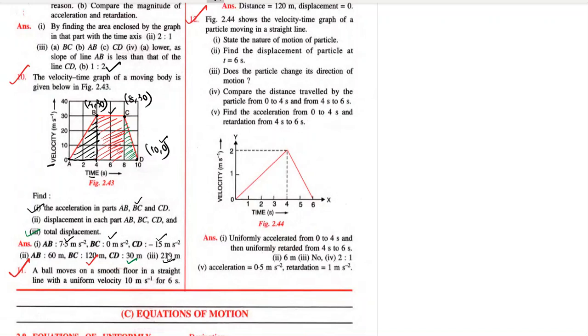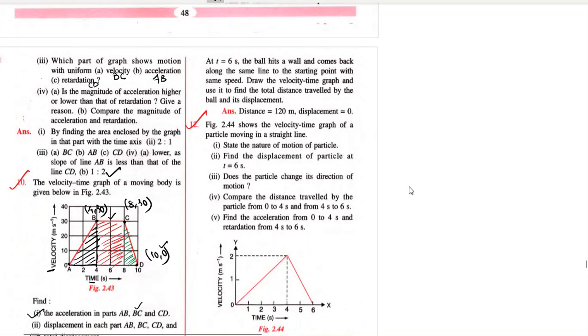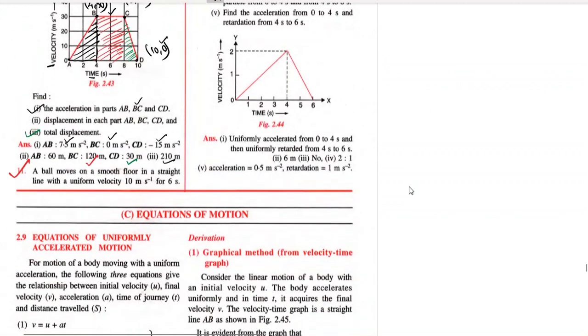This is question number 11. So a ball is moving on a smooth floor in a straight line with uniform velocity 10 meter per second for 6 seconds. At t equal to 6 seconds, the ball hits the wall and comes back along the same line to the starting point with the same speed. Draw the velocity time graph and use it to find the total distance traveled by the ball and its displacement. Very interesting question.